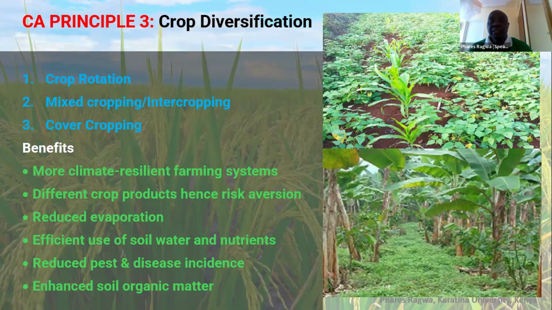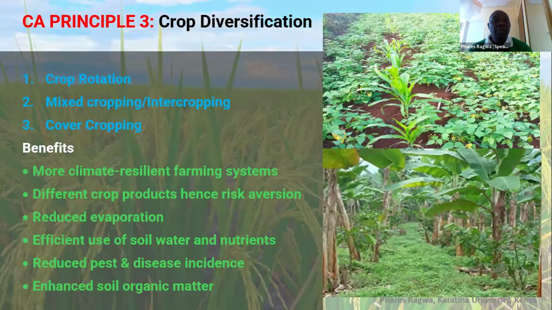I took it somewhere in Kenya, but the other one down there, I got it from literature, just to show the kind of crop diversity that we are talking about. Up there, we have only maize and I think beans, but still you can see there are some openings. But the one down there, you can't see any space. You have a mixture of bananas, other crops that cover the ground, etc.